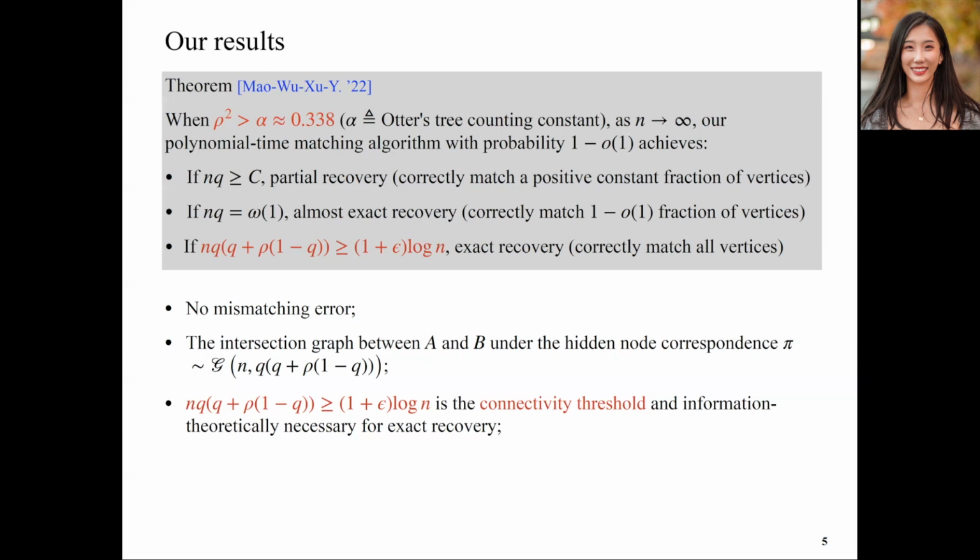By the way, in our analysis, we assume the edge probability q is smaller than or equal to 1/2. This is because if the edge probability goes beyond 1/2, you can always flip the edges such that the previous edge becomes non-edge and the previous non-edge becomes edge, so that the dense graph becomes a sparse graph and the result remains the same.